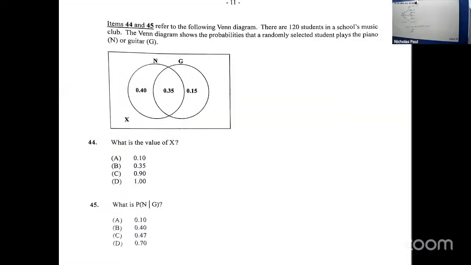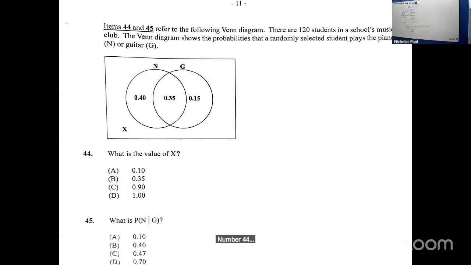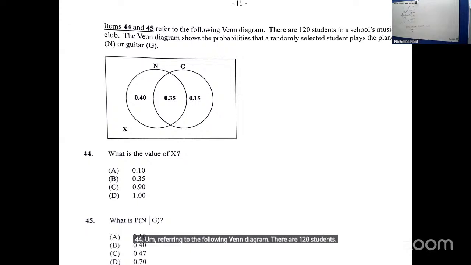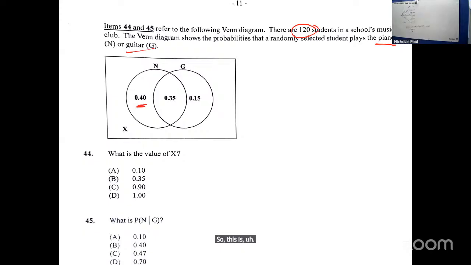Number 44. Referring to the following Venn diagram, there are 120 students in a music club. The Venn diagram shows the probability of students who play piano and guitar. So this is piano only, this is guitar only, this is both of them.